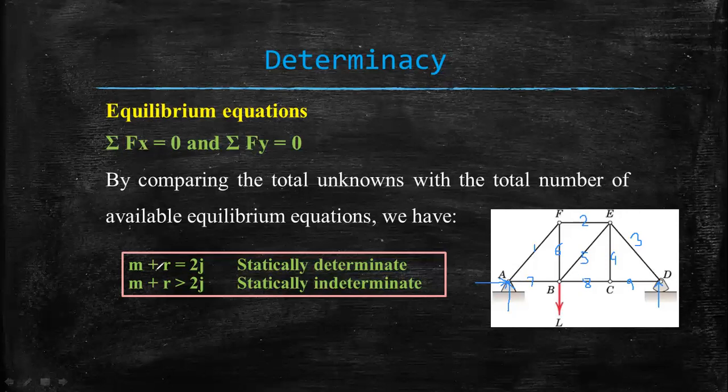So the total unknown within the structure is M plus R. This is the total unknown.